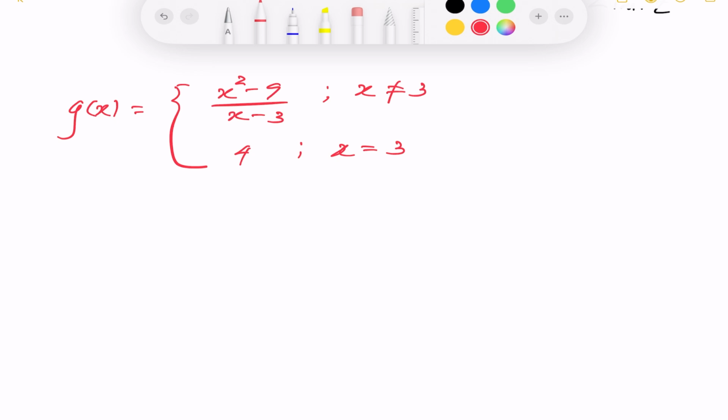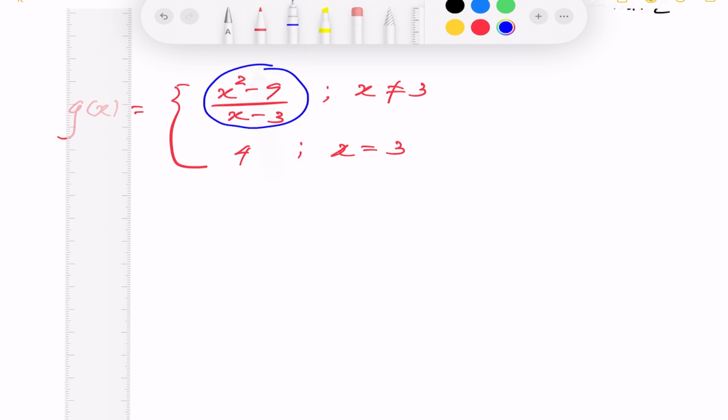All right, now can you draw the graph of that function? Well, that is not a big deal. Just note that this part of that function can be simplified a little bit more, because when x is not equal to 3, we have x minus 3 as a common factor on both numerator and denominator, which can be cancelled.